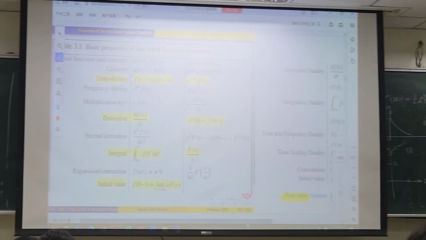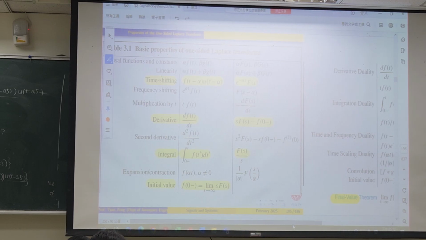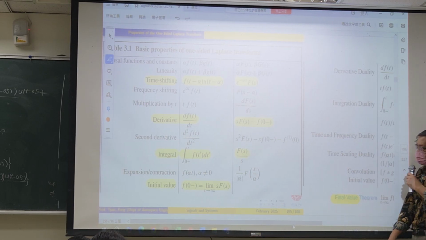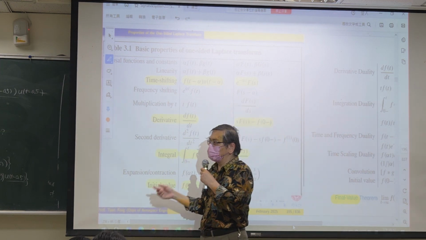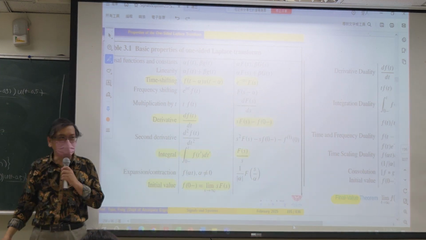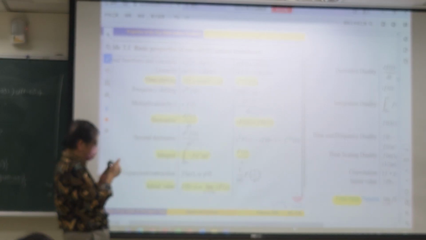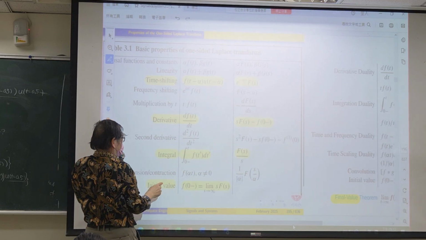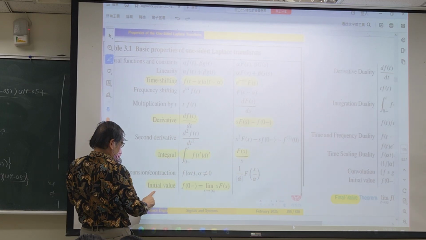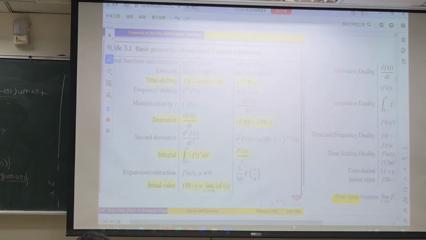I'm going to assign the homework for this week. I need you to prove the following properties, including this one, the time shift.